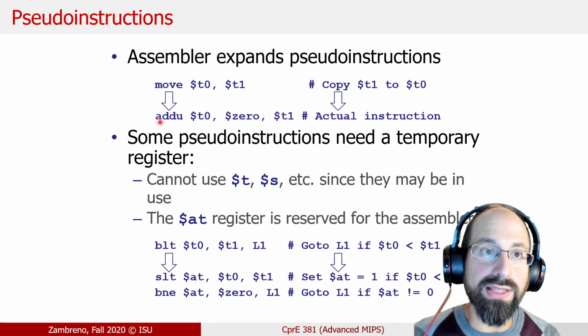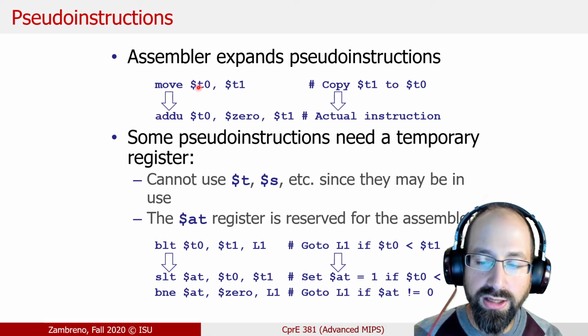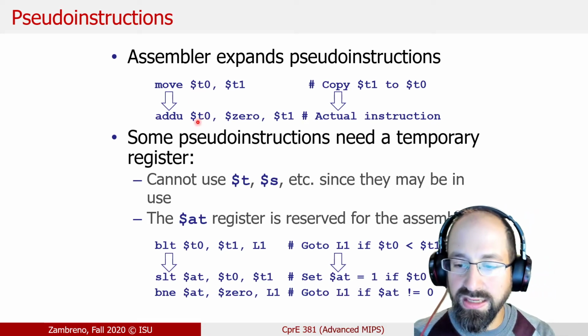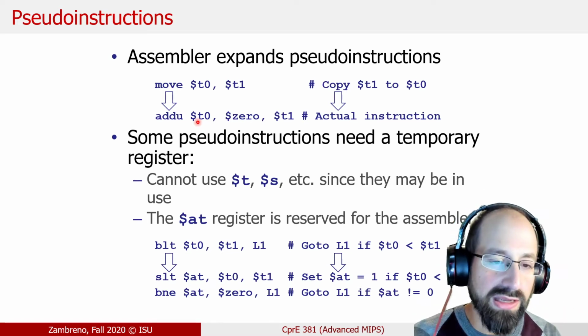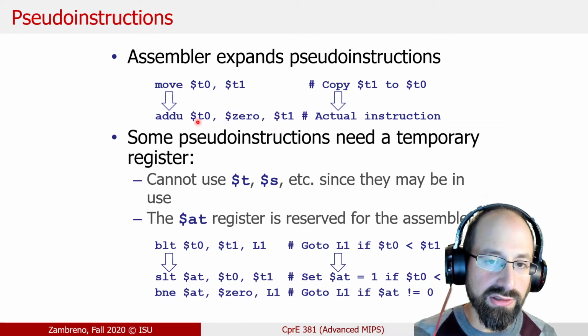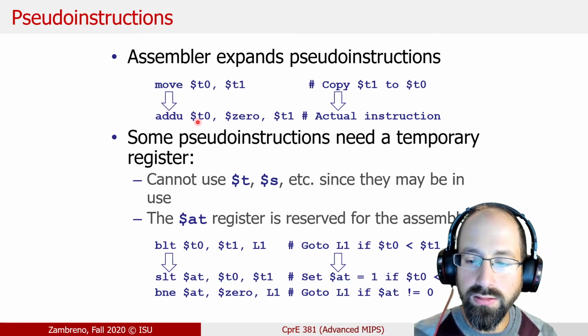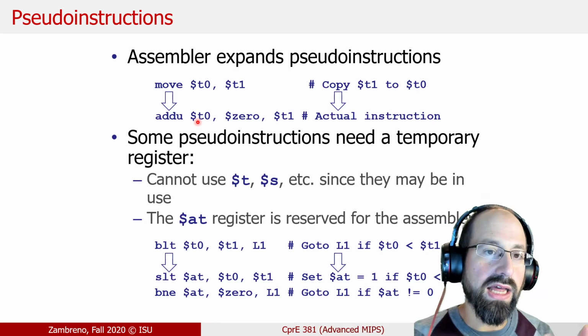There's many ways I think you can imagine of getting the equivalent of a copy from one register to another via adding or subtracting or XORing or doing all sorts of things to be able to get the original value copied over to that destination register. Questions about that? And that's okay if there's not.